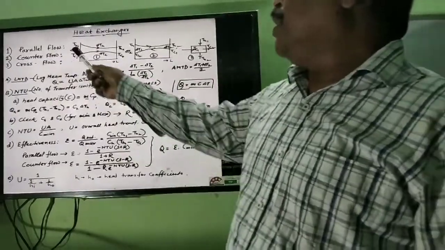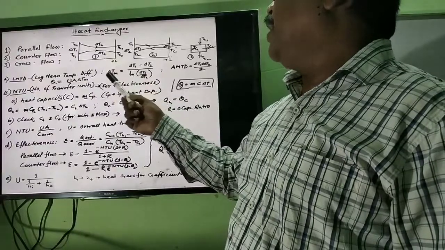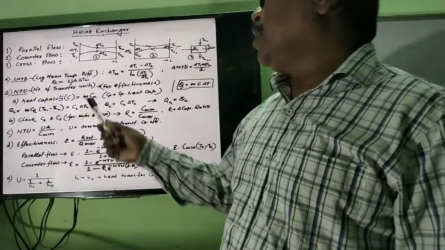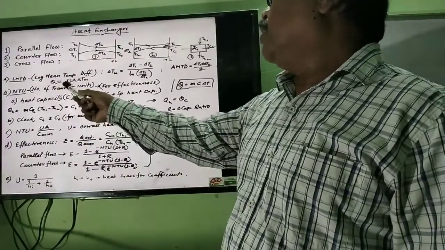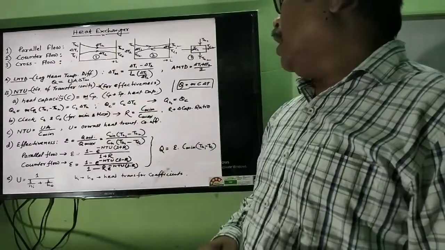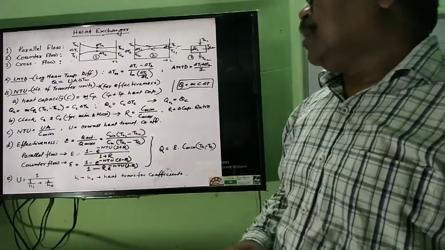Remember, you have to calculate the temperature difference at both faces and take the logarithmic mean for LMTD, and put it in Q equal to UA del Tm, where U is the overall heat transfer coefficient. You will get the amount of heat transfer.